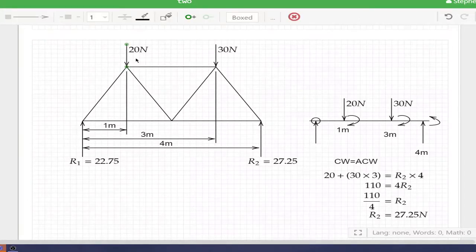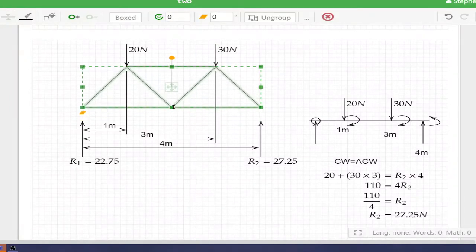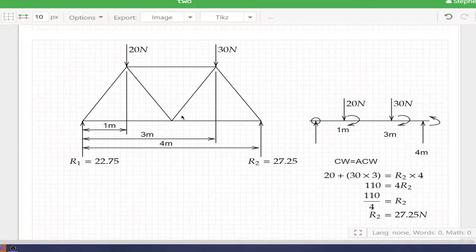Every other joint, there are 3 things we don't know here. Anyway, at the joint in the middle, there are 1, 2, 3, 4 things that we don't know, so we can't start there. So let's start where reaction force 1 is.